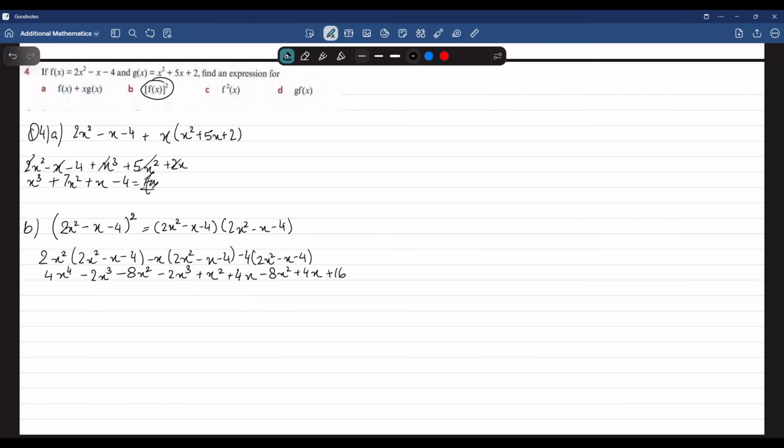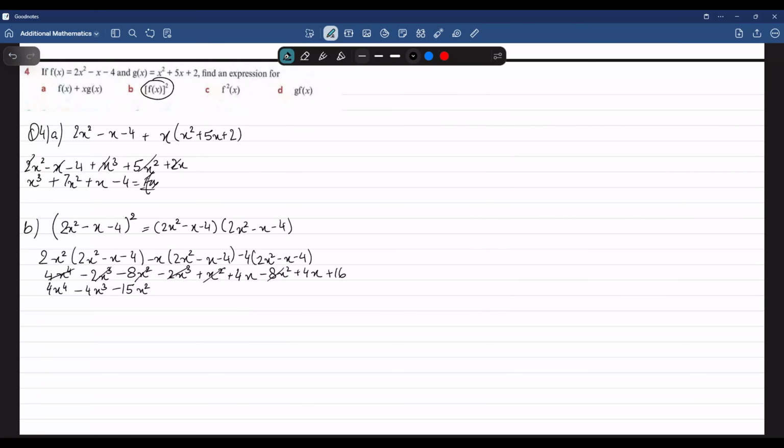Hope that's clear. Then simplify this. 4x raised to power 4 is going to be written as it is. And then negative 2x cubed minus 4x cubed and nothing else, so negative 4x cubed. Then we have 8x squared minus 8x squared, which would give us negative 16x squared, and plus 1 would give us negative 15x.